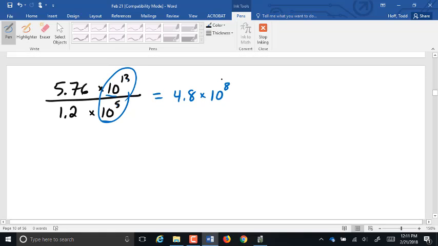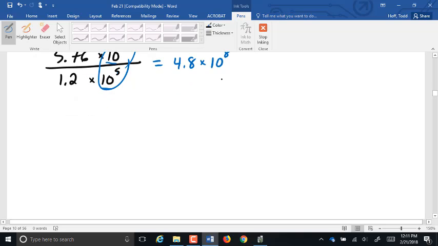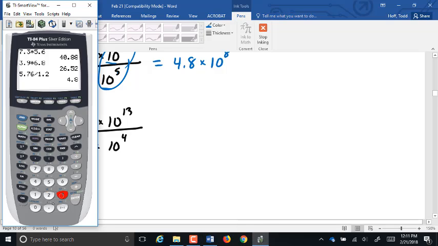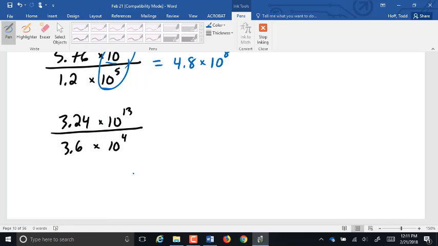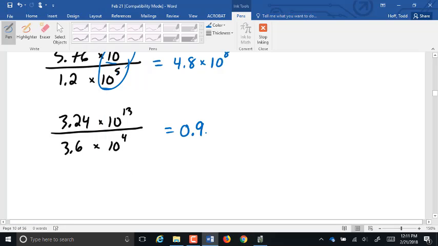Now we can occasionally run into things like this. 3.24 times 10 to the 13th divided by 3.6 times 10 to the 4th. We divide the counts. 3.24 divided by 3.6 gives us 0.9. Then we combine the powers of 10. 10 to the 13th divided by 10 to the 4th.